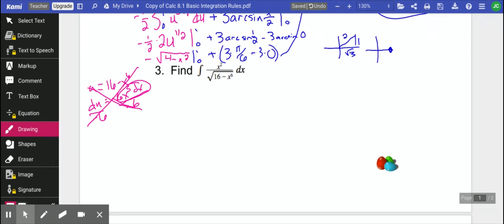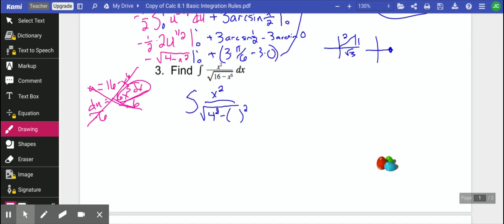It was a nice idea, but not going to work. All right. You may have looked at this and said, hey, that looks kind of like the last problem, with the arcsine. And you would be right. It does kind of look like that, sort of. So remember, arcsine is when you have a constant squared, which we do, minus some variable squared.